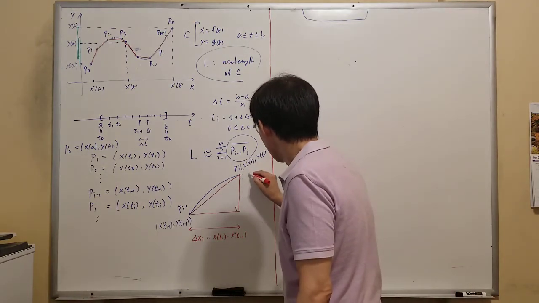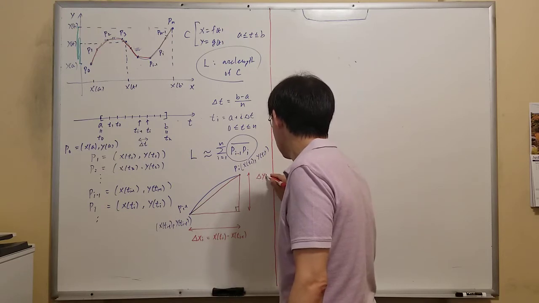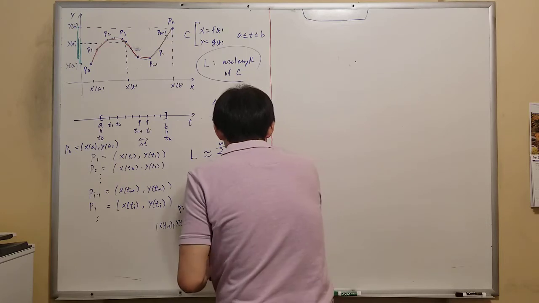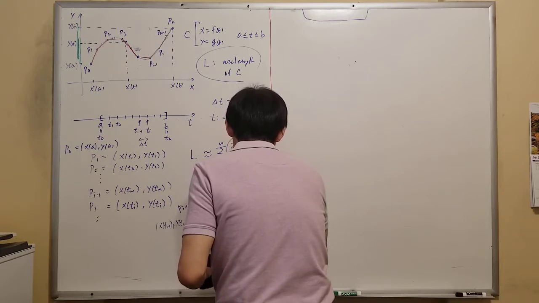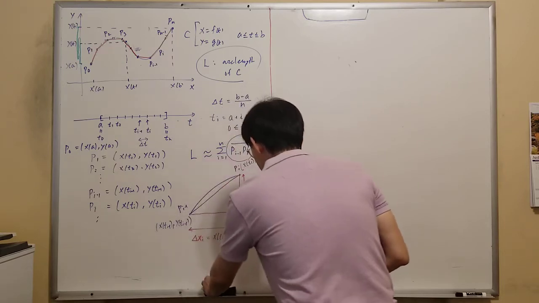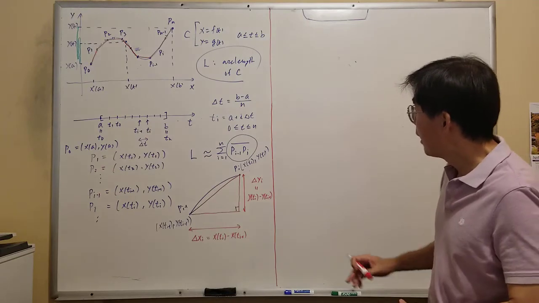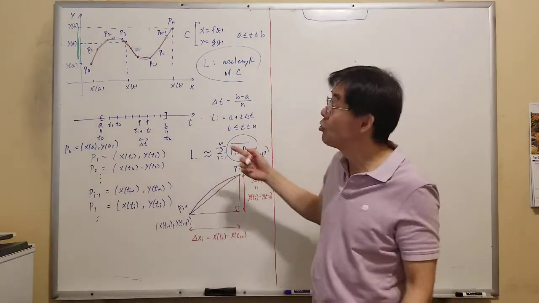This is what I call delta y_i, the change in y coordinate, which is y of t_i minus y of t_{i-1}. Now x of t means f of t, y of t means g of t.